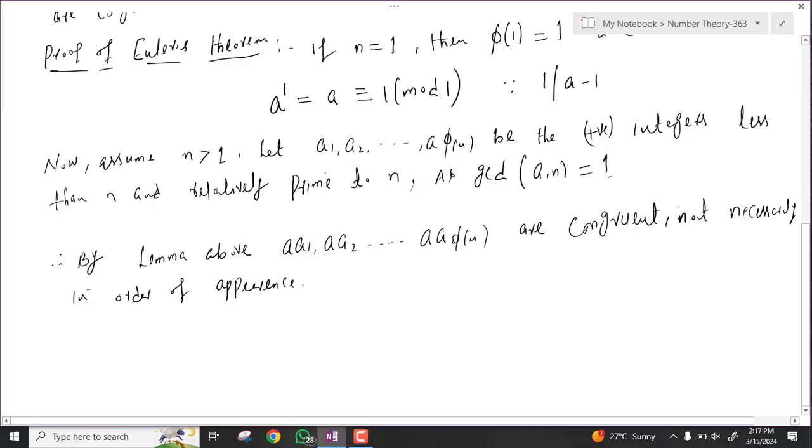To A1, A2, and so on, A phi of n, to A1, A2, and so on, A phi of n.